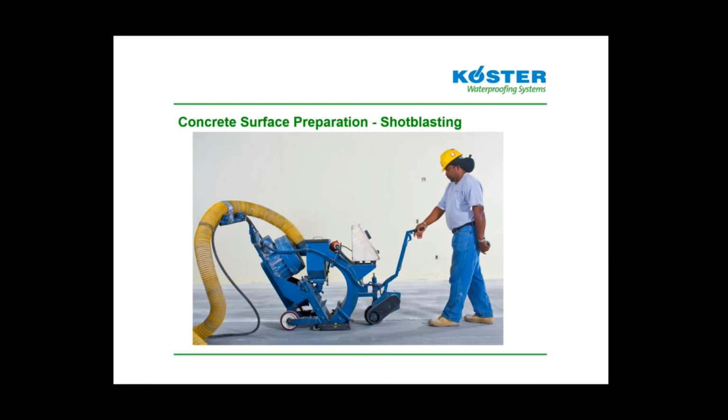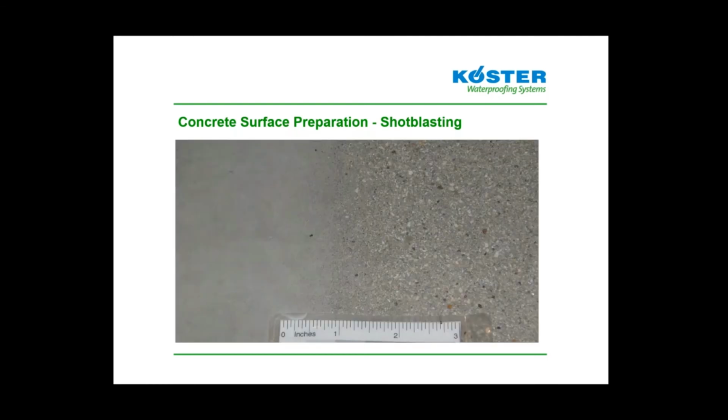For example, we have a picture here of, obviously on the left side, a normal troweled concrete surface. On the right, we have a floor that's been shot blasted to a CSP3. We can see what we call that salt and pepper, where you can see the aggregate is present. And obviously, in the field, you can feel the difference in texture and the profile that's achieved by that shot blasting.